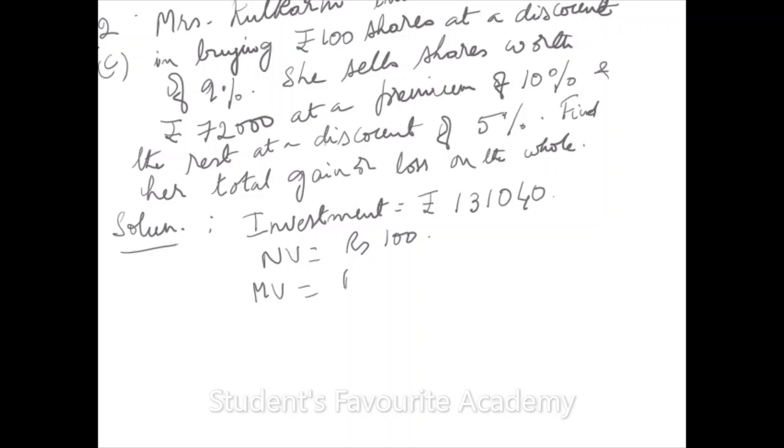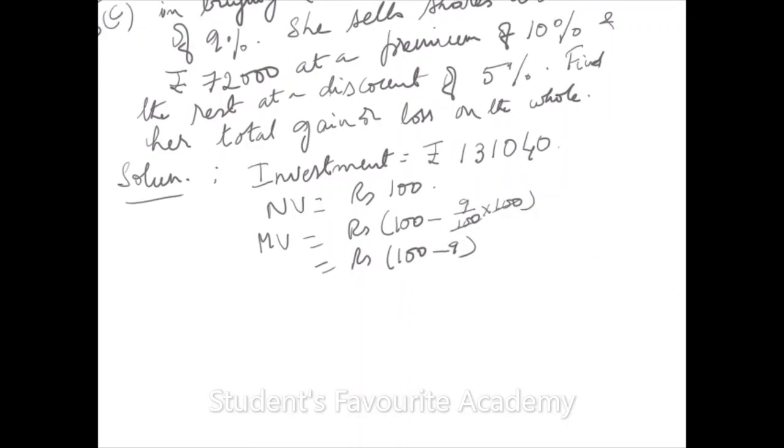So market value is equal to rupees 100 minus 9% of 100, that is 9 only. So rupees 100 minus 9, so market value is equal to rupees 91.